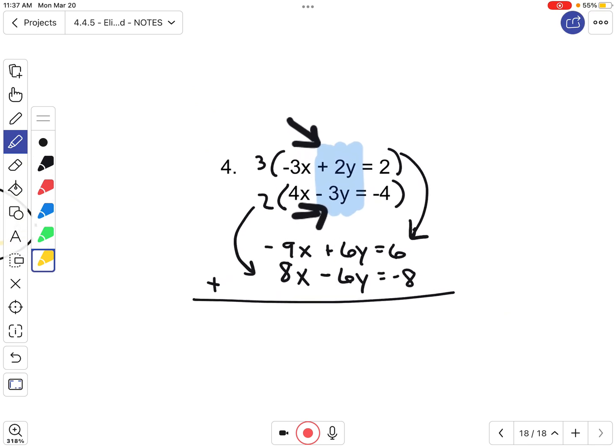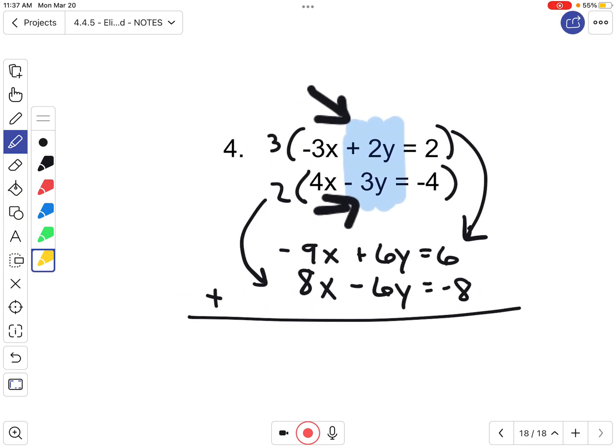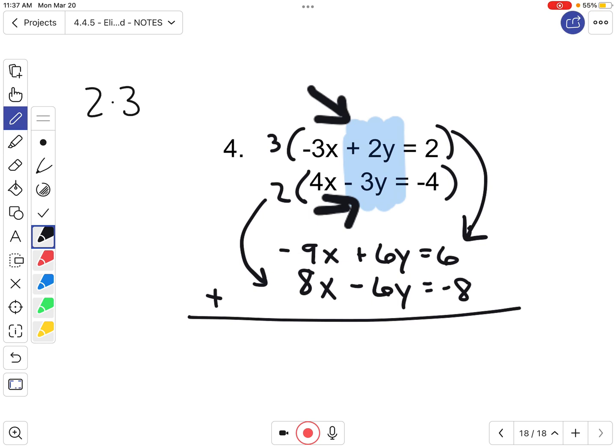Number 4 is extra tricky because I don't have anything that I can multiply one equation by to make it an opposite of something in the other. So again, I could have chosen x's just as easily here. I chose the y's. I saw that 2 and 3, they both have a least common multiple of 6, because 2 times 3 equals 6, and 3 times 2 equals 6.